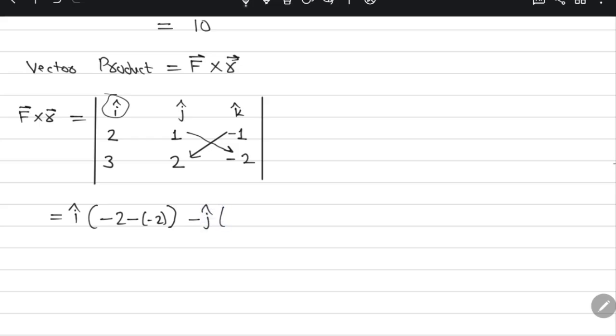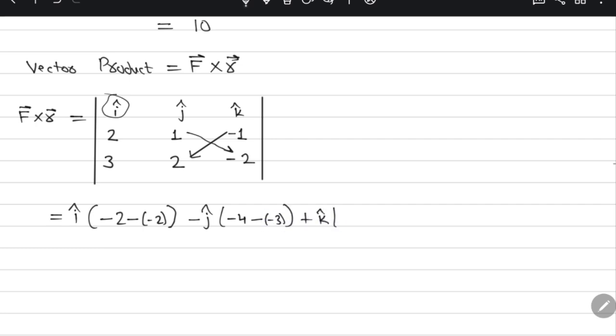Then for J cap, again in the vertical direction, I hide the J cap term and then again do this with this and this with this. So this is 2 twos are minus 4, minus 3 into minus 1 is basically minus 3, plus K cap.